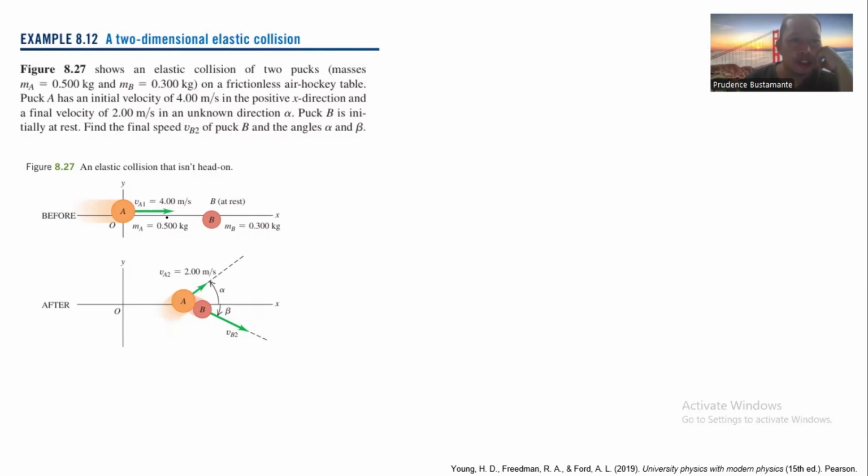Find the final speed v2 of puck B and the angles alpha and beta.